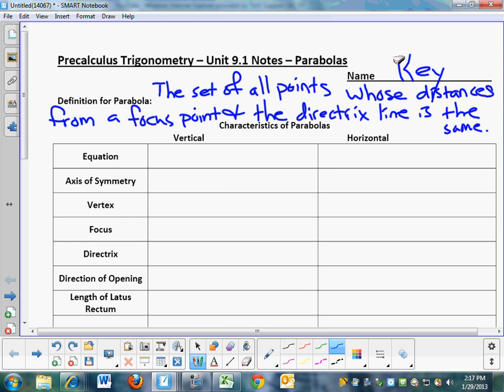That's my shorthand definition: set of all points whose distances from a focus point and the directrix line is the same.